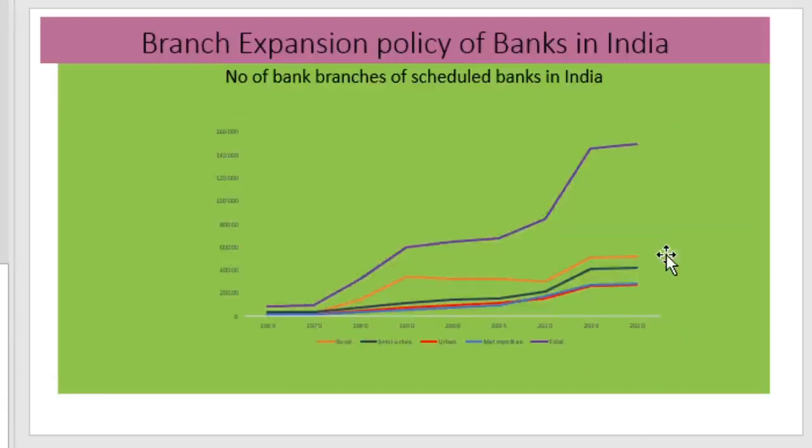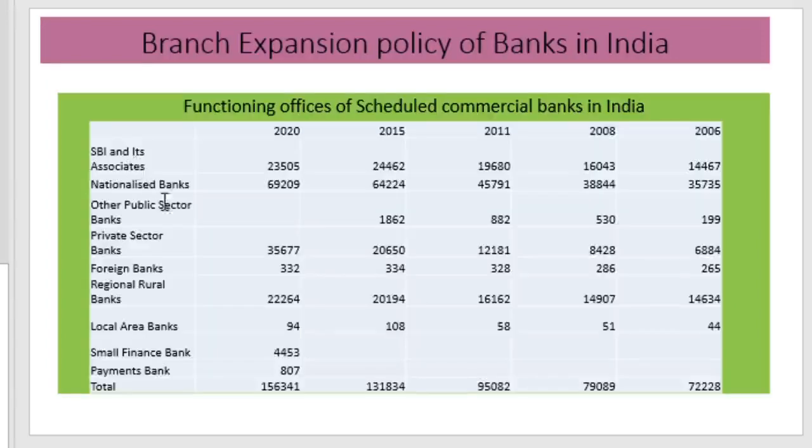The increase in the number of branches of scheduled banks in India is given in this. The number of branches in accordance with the different banks is given here. The highest number of branches are with the nationalized banks.